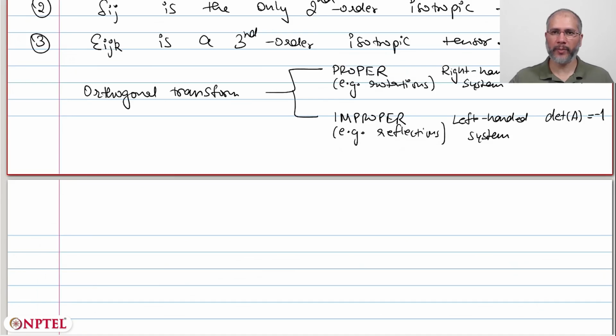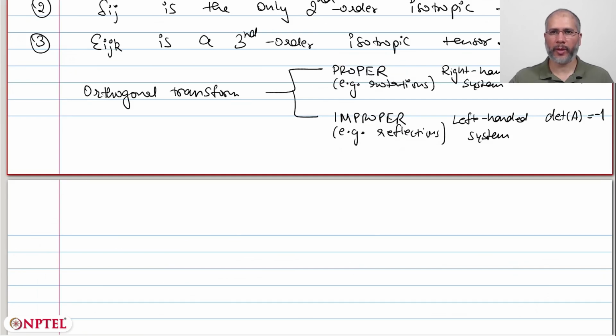Now delta ij is isotropic under all transformations, that is proper and improper, but epsilon ijk, that is the permutation symbol, is only isotropic under proper orthogonal transformations. There's a lot we can say about this, but since in this course we are only interested in rotational transformations, we'll not go into details of this.